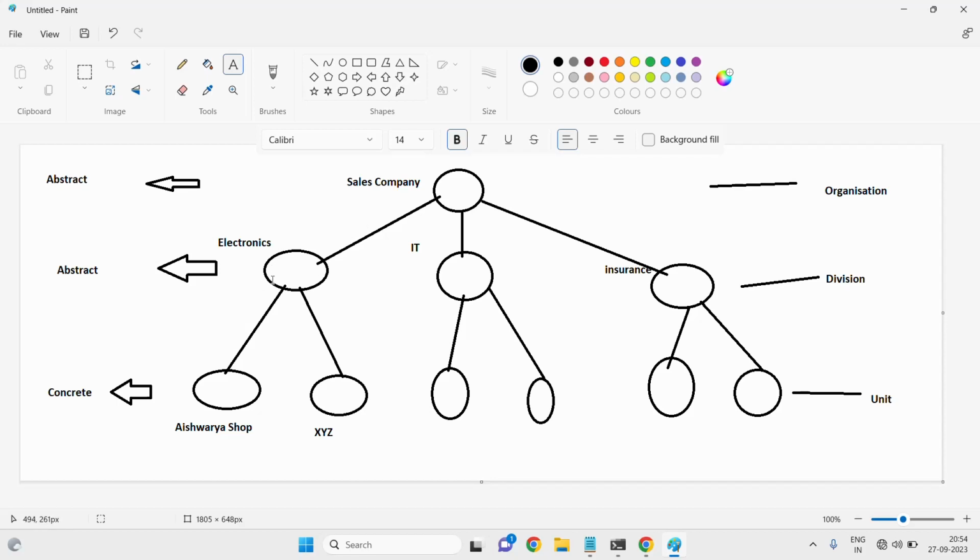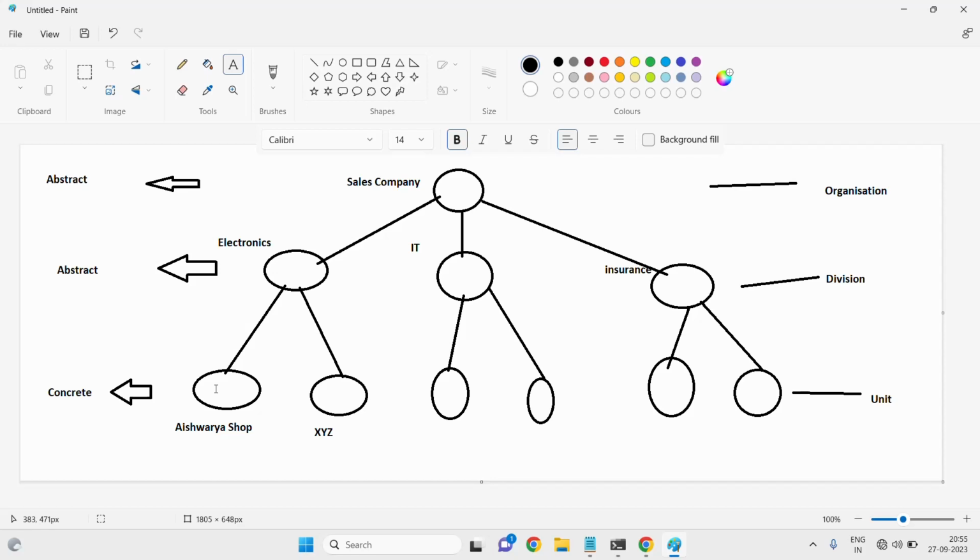After preparing all the laptops at the electronics division, those laptops will be transported from the electronics division to the Aishwarya shop unit level, right? And from that unit level, users like you and me can simply go to the shop and buy the laptop, right?